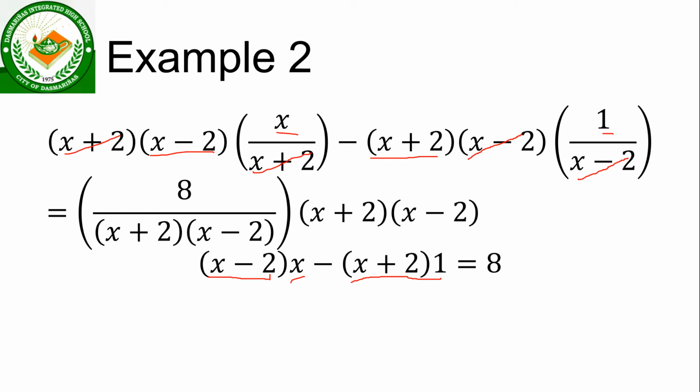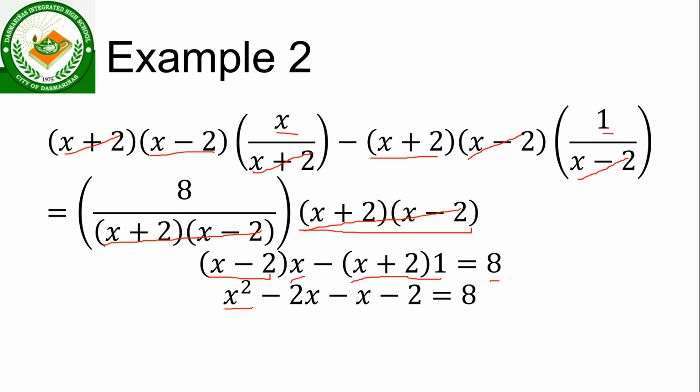And for the third one, we have 8 divided by x plus 2, x minus 2, multiplied by the LCD x plus 2, x minus 2. So we are just to cancel this out. Okay, so we have 8. And then simplifying by the distributive property, x multiplied to x gives us x squared. x multiplied by negative 2, we have minus 2x.